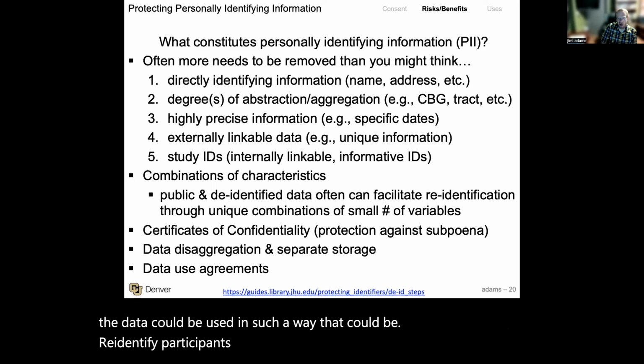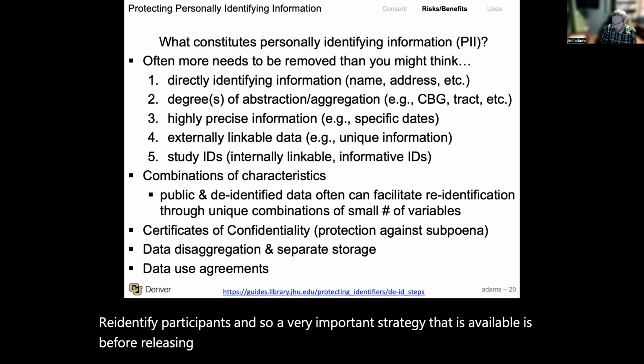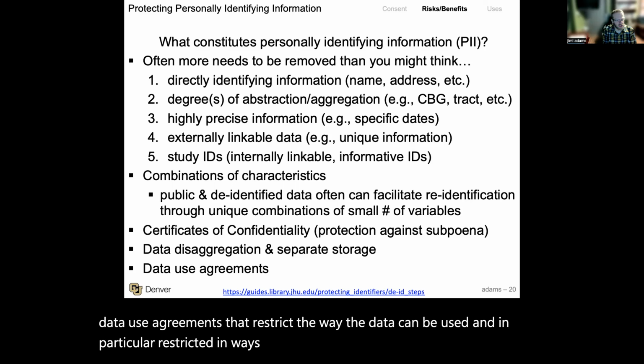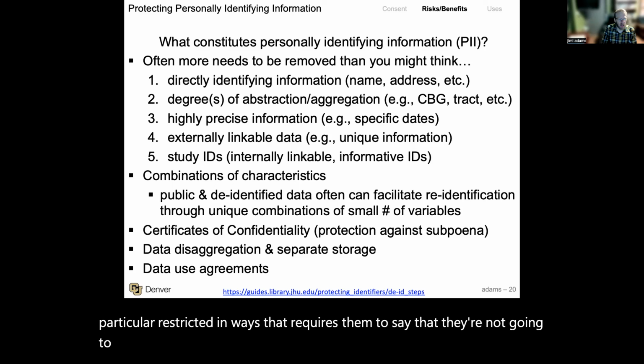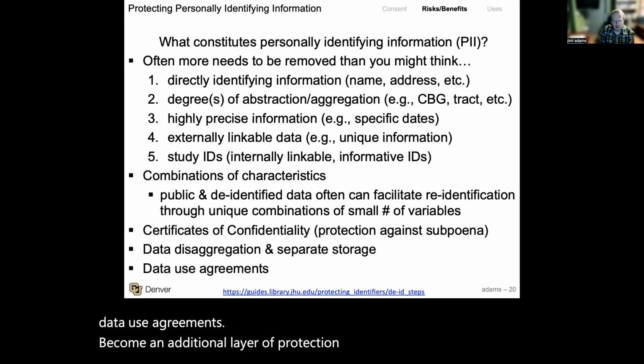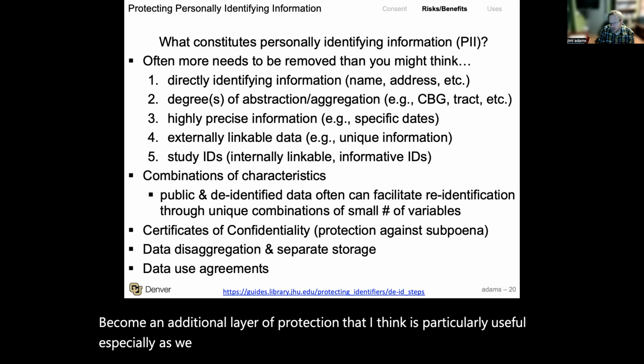And so a very important strategy that is available, before releasing data to potential others who might use it, is having data use agreements that restrict the way the data can be used, and in particular require them to say that they're not going to use it to re-identify any of the individuals in the research. And so these data use agreements become an additional layer of protection that I think is particularly useful, especially as we increasingly see a move towards open science practices of data sharing, et cetera.